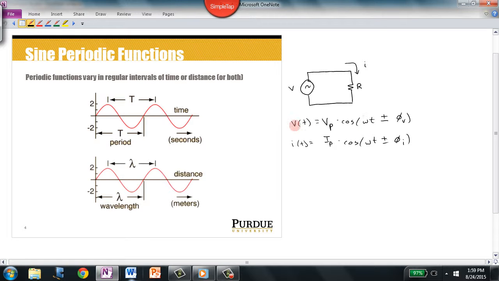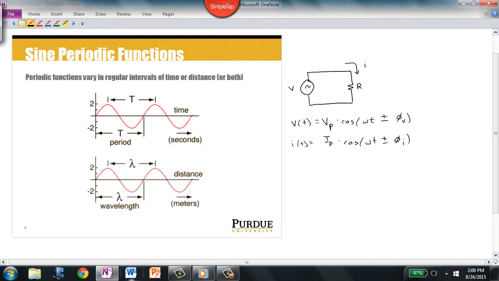That is also the purpose of writing v of t and i of t all the way out, to indicate that those are time-dependent quantities. And the quantity inside the parentheses indicates what variable the voltage or the current value varies upon.